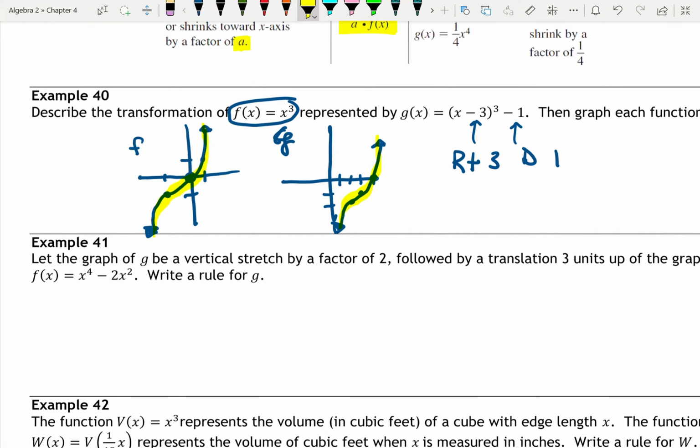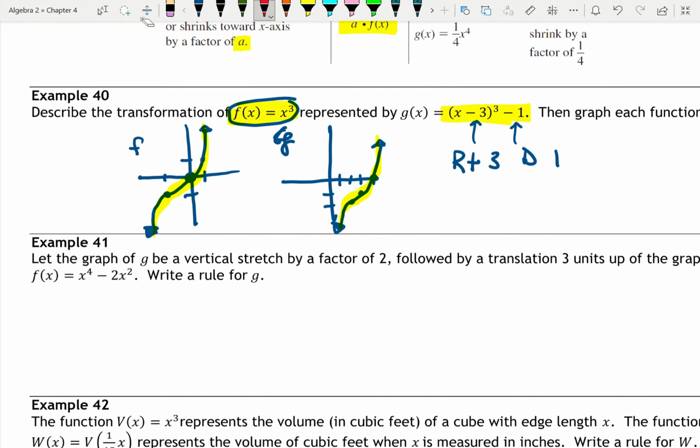If you have a graphing calculator, that'd be a great thing to type in. Just plain old x cubed, and then the quantity x minus 3 cubed, and then minus 1. On tests, on quizzes, you can expect at least one problem something like this, where it asks you just to describe the transformation. Because we want to make sure that we know those left, right, up, down rules, and also the vertical stretch and shrinks.